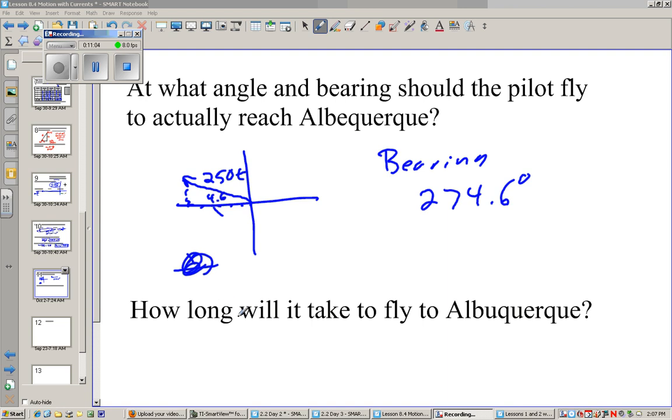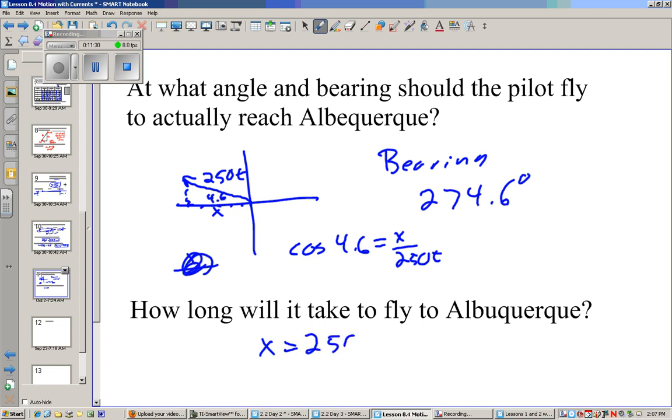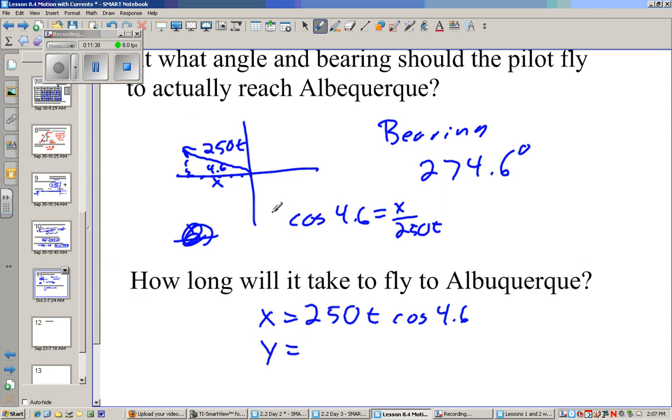All right, so as I was talking about us going in the x direction 250t, now we're not going exactly 250t in the x direction, we're going 250t up here. So to figure out how far we're going in the x direction, what we'd actually have to do is the cosine of 4.6 is equal to our x value over 250t. So really it's 250t times the cosine of 4.6. Now in the y direction, we should just be going straight west, so that will be 0.